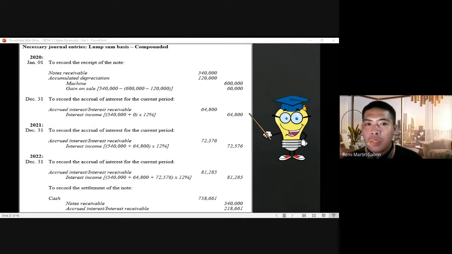How much more if yung compounding natin last 5 years? Kung 5 years yung compounding, mas malaki yung difference, significant yung difference niya.